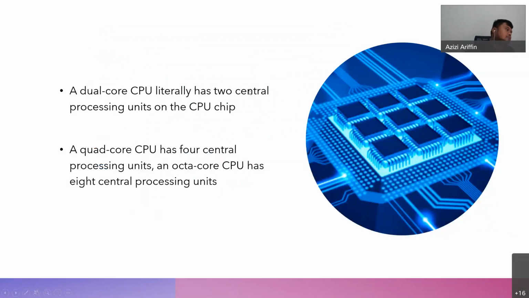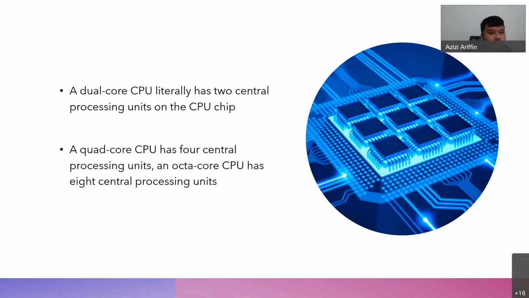Okay, we go back to our slide. So that means a dual core CPU literally has 2 central processing units on the CPU chip, a quad core CPU has 4 central processing units, and an octa-core CPU has 8 central processing units.